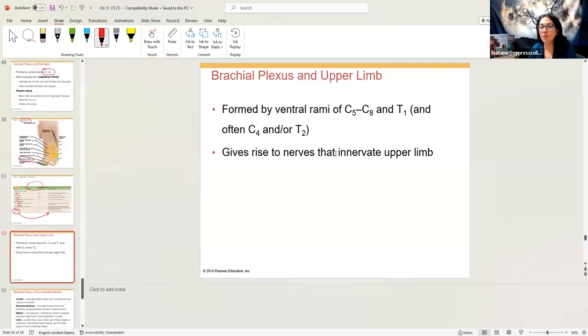Next, we have the brachial plexus, which innervates the skin and also the muscles of the upper limb. Most of the nerve fibers that make our brachial plexus come from the ventral rami of C5 to C8.